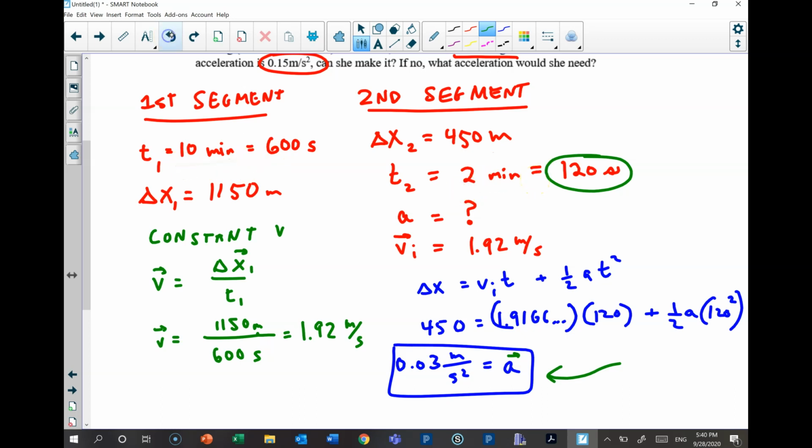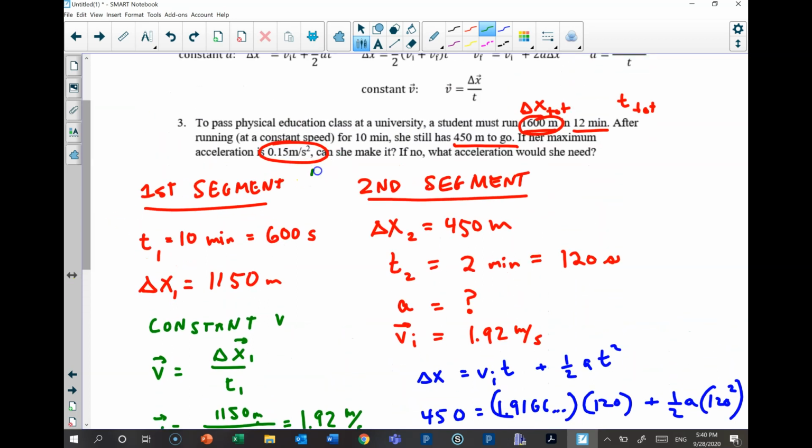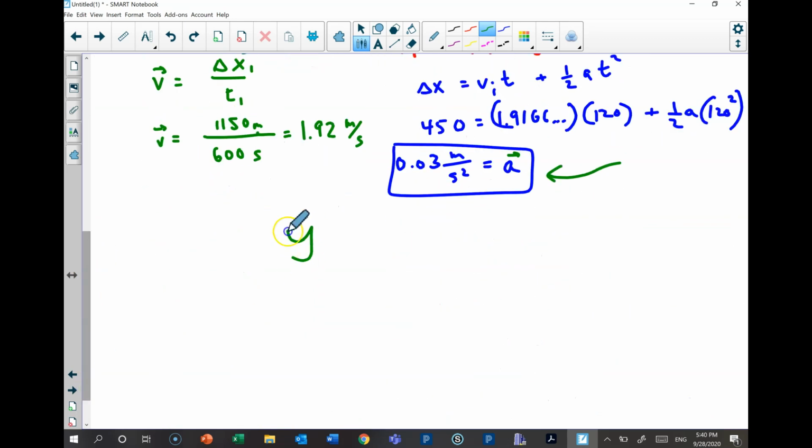So this is the minimum acceleration. Anything faster than this, and she will finish in under 12 minutes. So can she execute this acceleration? Can she achieve this? Yes, she can. So yes, she will finish on time.